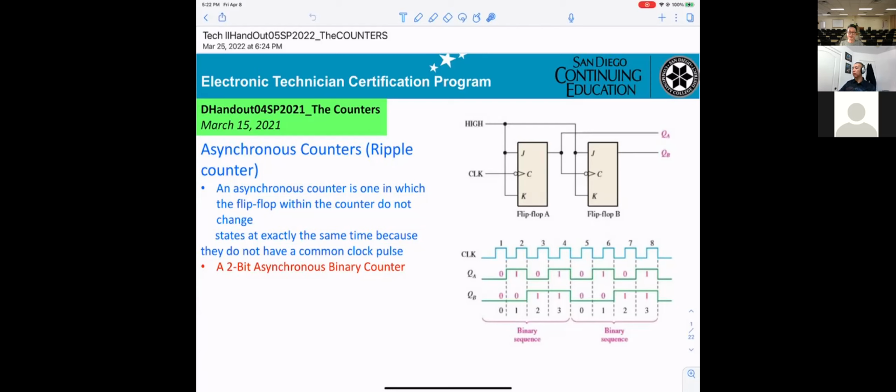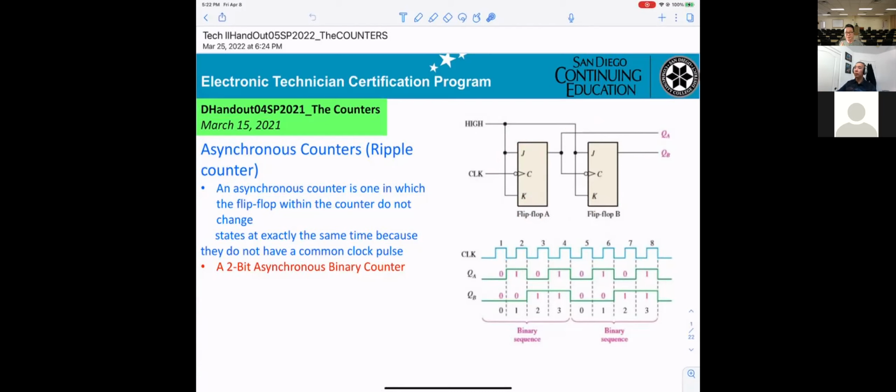Okay? So if you're looking on this circuitry here, they're using 2 flip-flop, JK flip-flop.